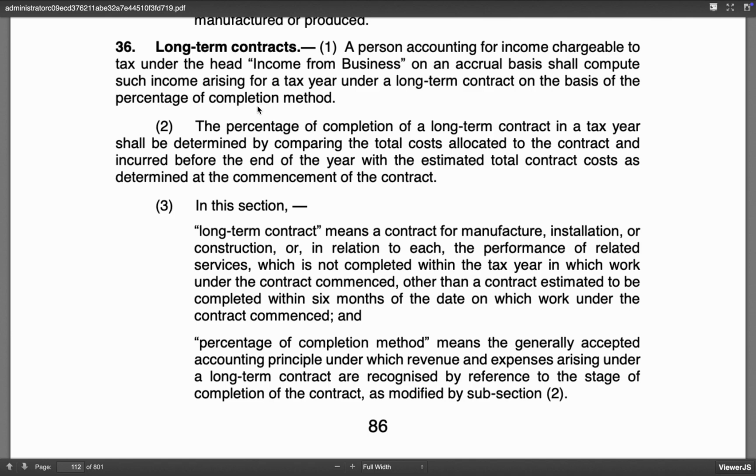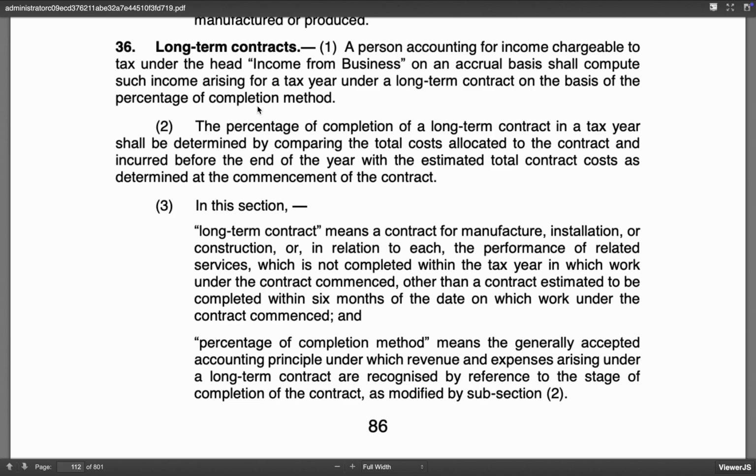Meaning every year you will book the revenue and the expenses according to the percentage of completion of the project. Meaning if the project is for 3 years and in the first year you have completed 20% of the project construction, then you will book 20% of the revenue and 20% of the expenses, and the remaining will either be assets or liabilities, and so you will move on.